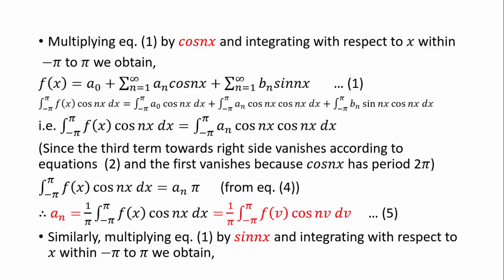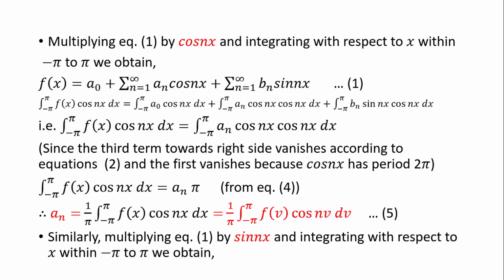So the two terms towards the right hand side, that is the first term integration minus pi to plus pi a0 cos nx dx, and the third term minus pi to plus pi bn sin nx cos nx dx. The third term vanishes due to the orthogonality property, and the first term towards the right side vanishes since cos nx has a period of 2 pi, so integration within that will be equal to 0.